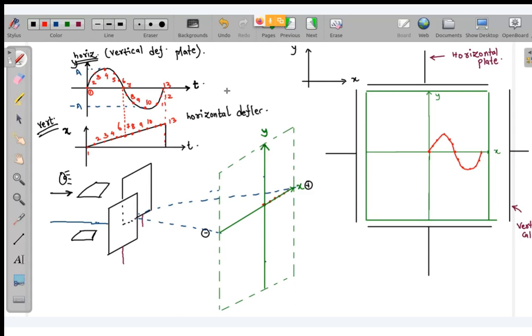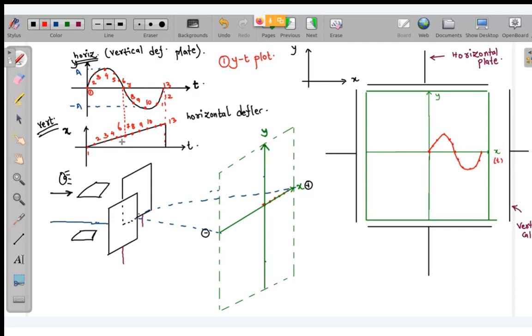See, the plot that I have made is your YT plot, because the x-axis corresponds to time.